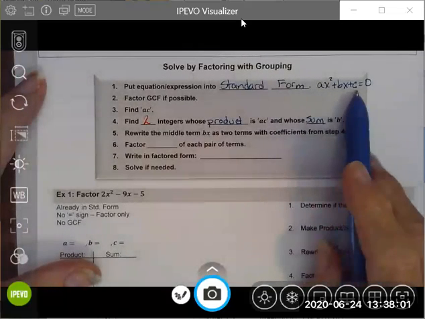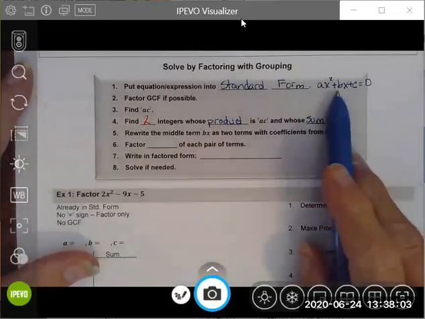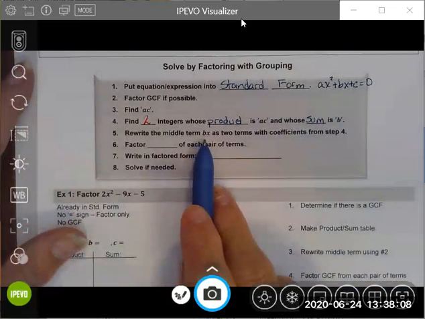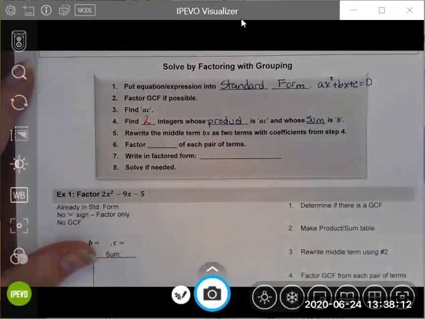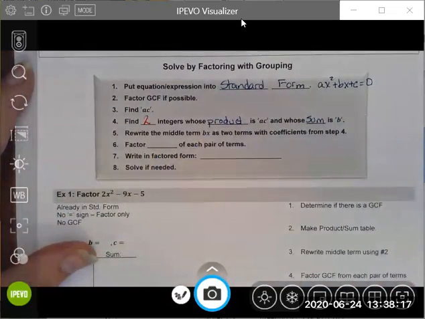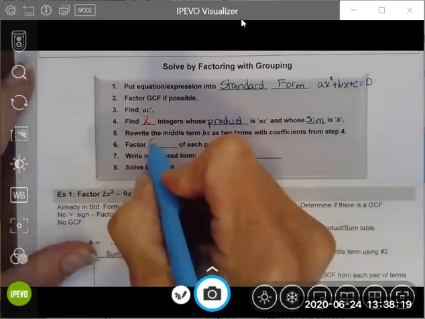So two things that multiply to give us a times c and add up to give us b. We're going to split that bx term into two terms using the two factors that we found in step 4. And then we are going to factor out the GCF of each pair.